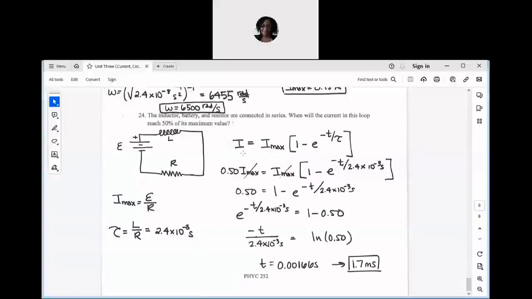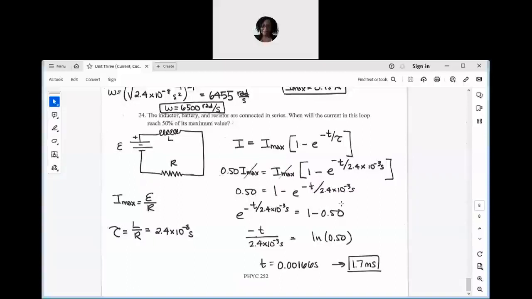I could figure out what the maximum current would be, because that would just be this ratio of the EMF over the resistance. But just like we saw for a couple of questions earlier, I don't actually have to know what that value is because I'm looking for a percentage. So I just plug in the decimal 0.5 on the left and then 1 on the right. So I'm going to end up with a 0.5 here.